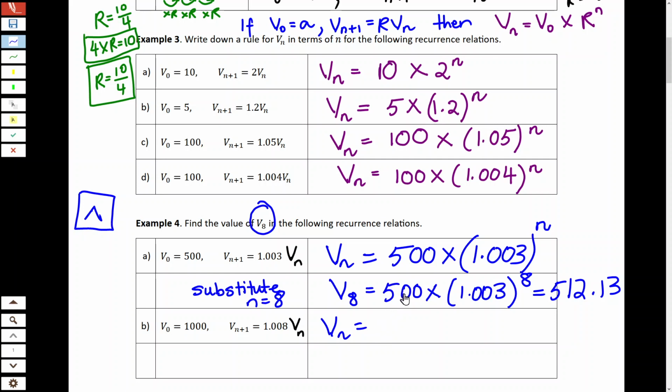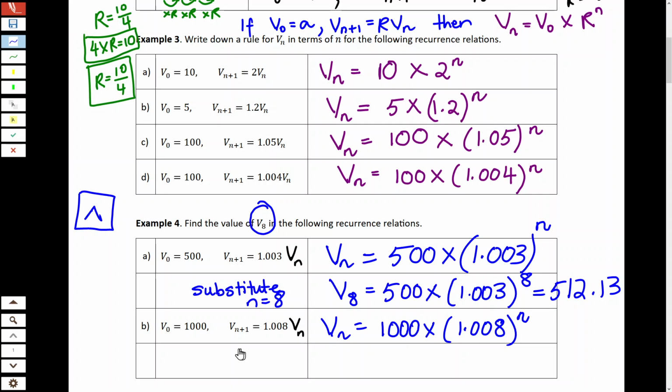All right. Okay, Kalisha, I'm going to ask you. Can you tell me the rule for 4B? No? Okay. Lexi, a rule for here. 1,000 times 1.008n. Yep, 1.008 to the power of n.